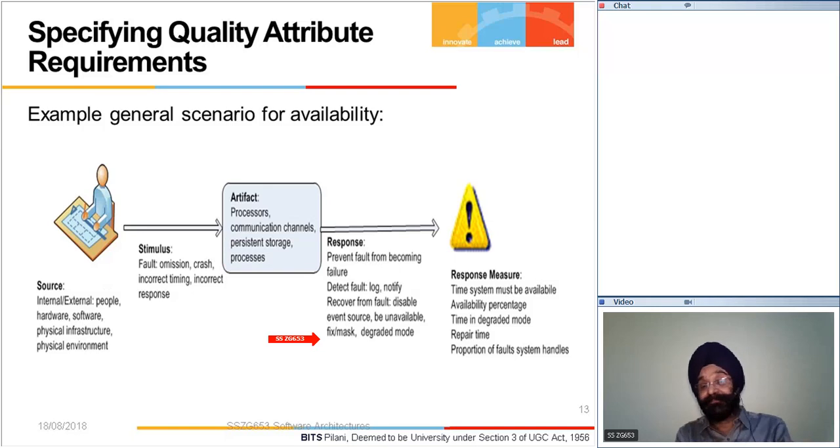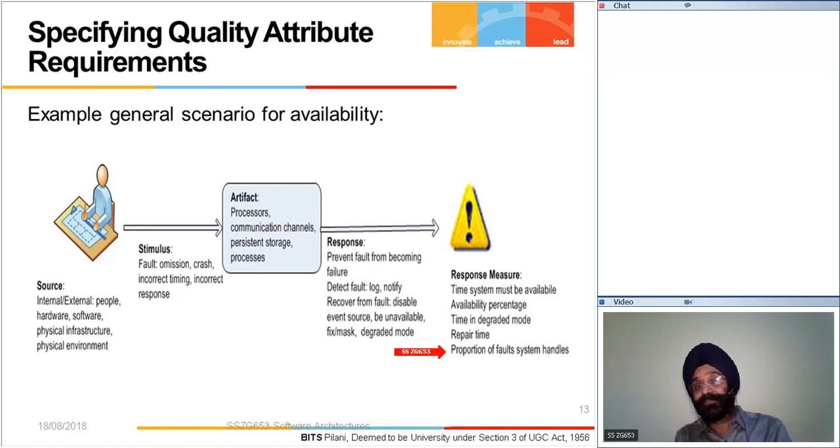When the bank system is not working properly, they allow just a few essential features to continue working. How do you measure it? Timing, availability percentage, time in degraded mode, repair timing, and proportion of fault system, etc.